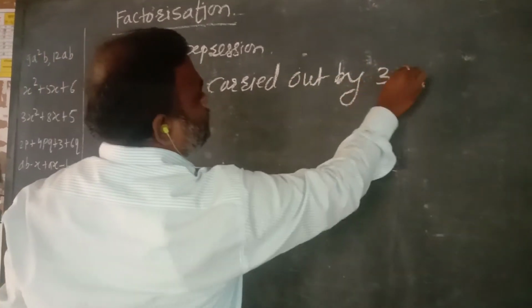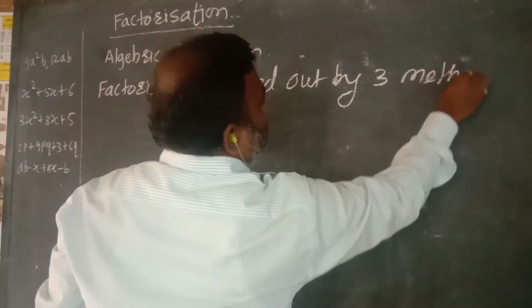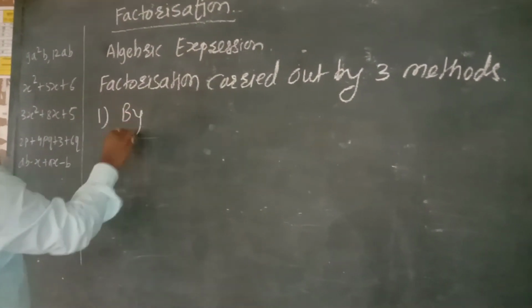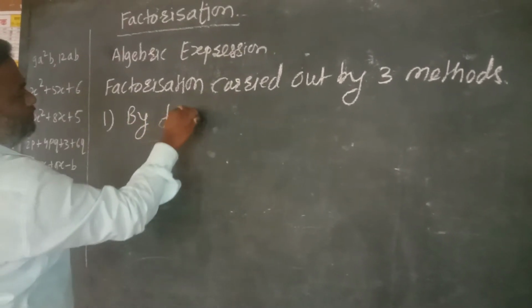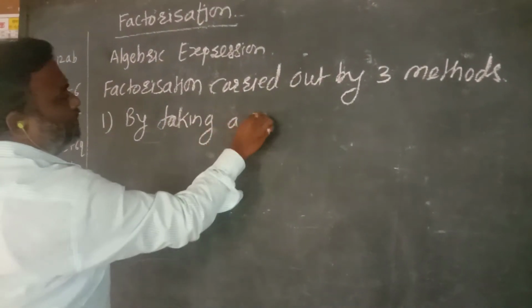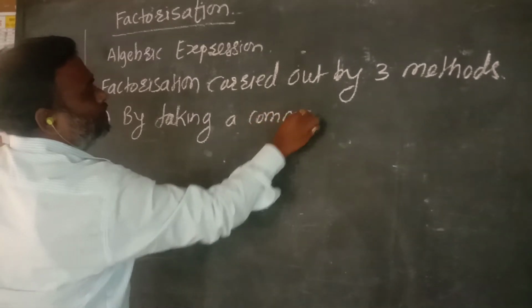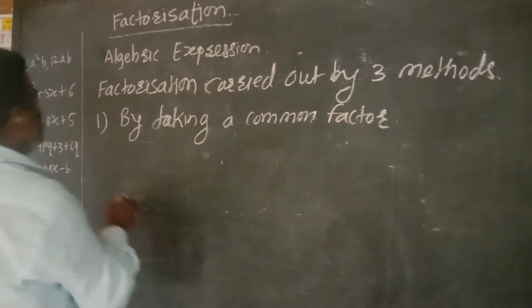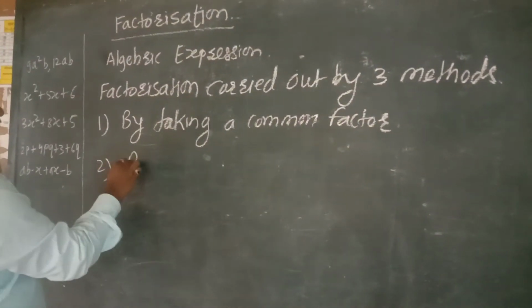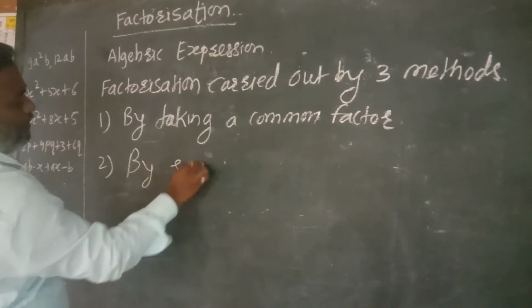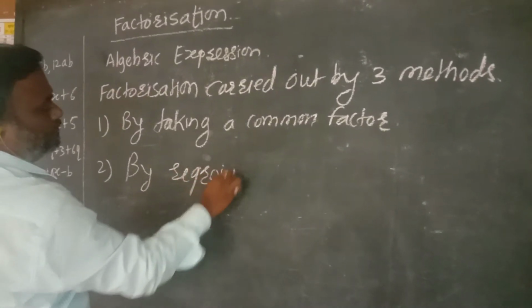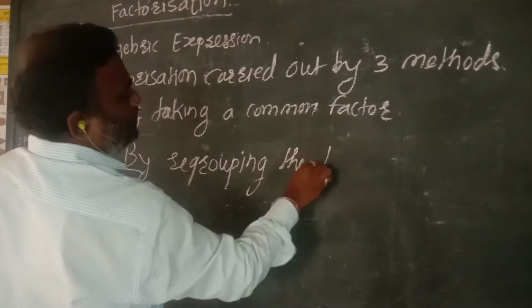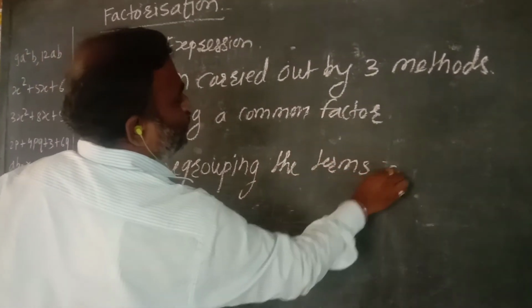three methods. First one is by taking a common factor. Second method is by regrouping the terms of the expression.